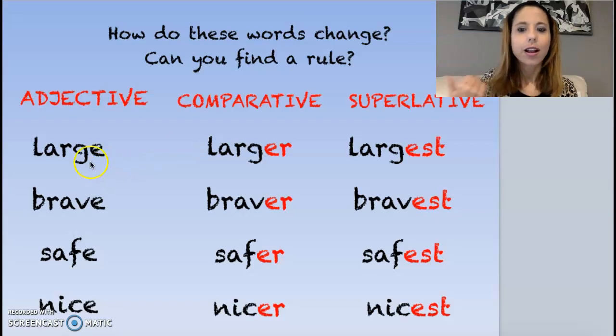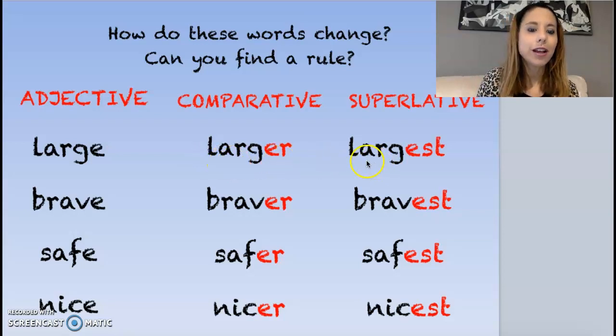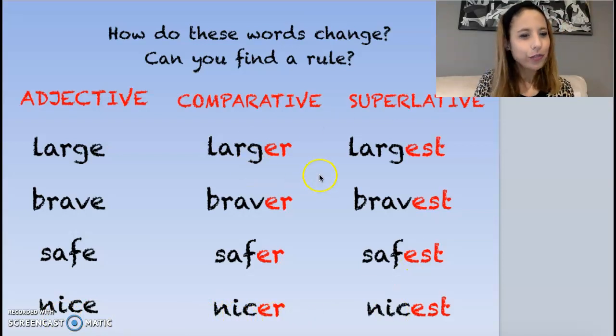Think. Large, the comparative is larger, and the superlative, largest. Brave, braver, bravest. Safe, safer, safest, and nice, nicer, nicest. So, did you find it? Do you know what is changing?